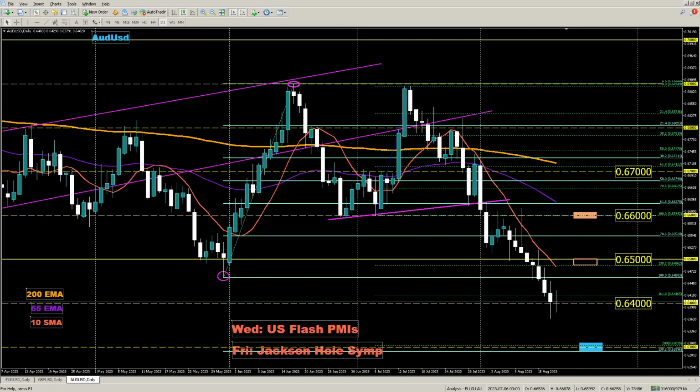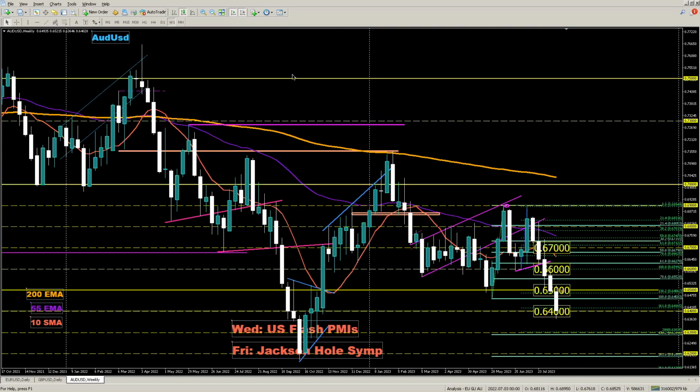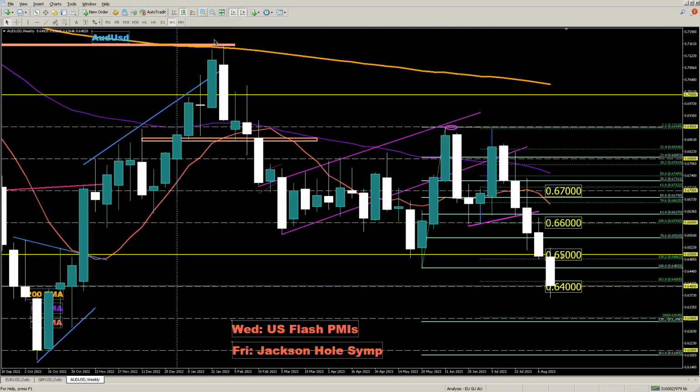So very critical time for the Aussie dollar as it's continuing to weaken. And taking a look on the weekly time frame, it's still a very bearish candle close, and there could be a further continuation move towards that support zone.